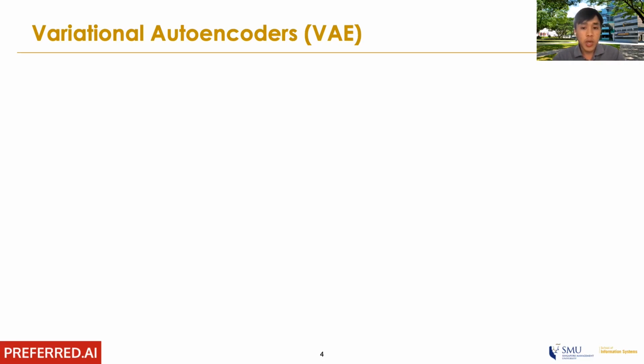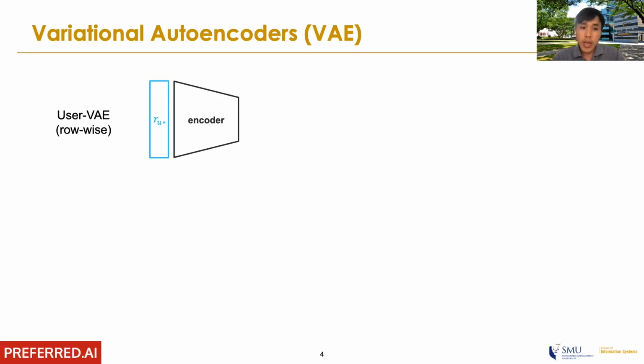The first one I would like to introduce is the user VAE, where we view the rating matrix row-wise. Then each of the rows in the matrix is input to the encoder. The encoder outputs the mean and the variance that characterize a distribution of user latent variable from which we can sample a representation, the U in this case.